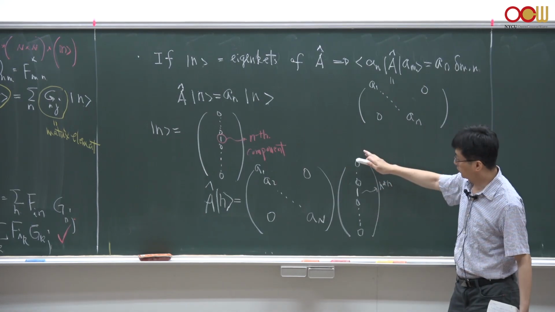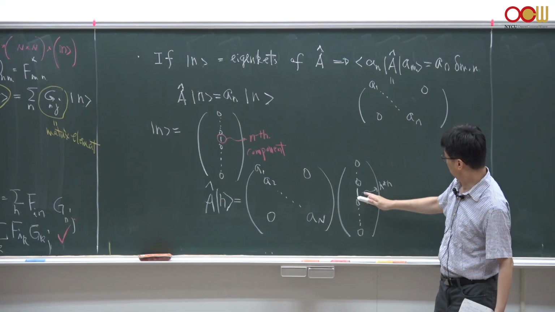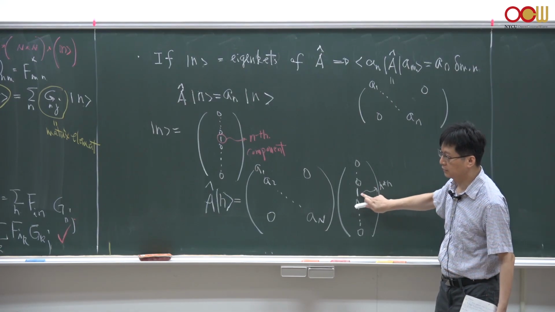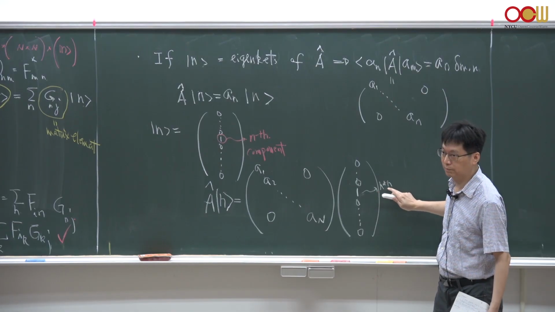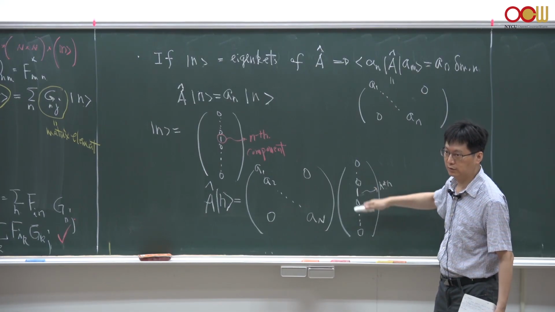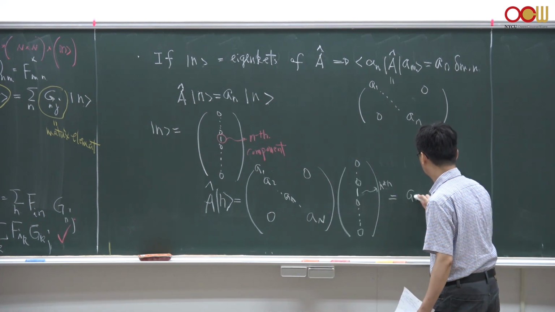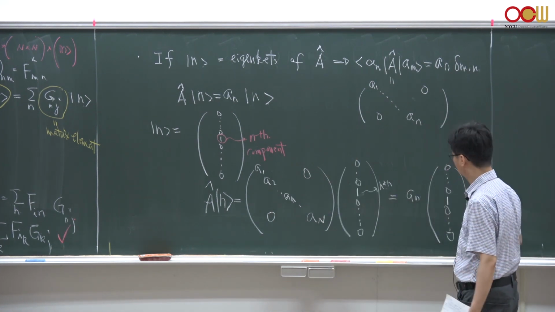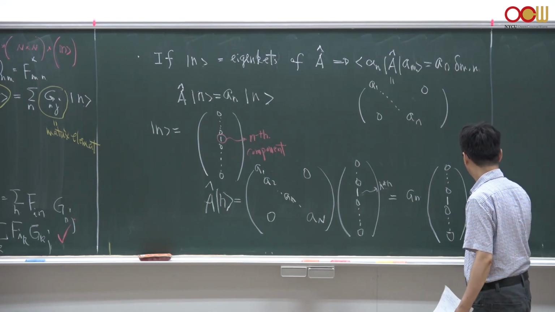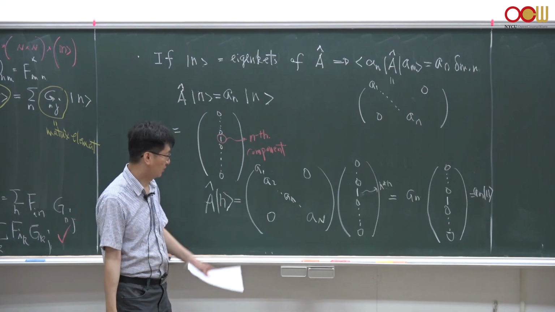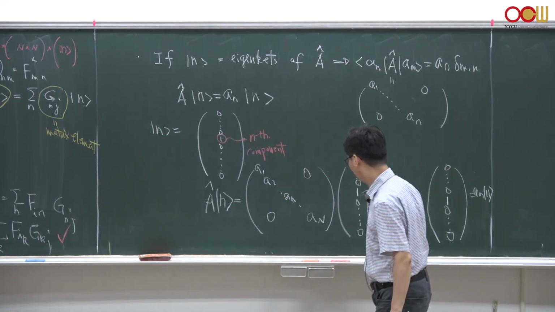Remember, this column matrix state n shows a non-zero matrix element only at the nth component. All the other components are 0. As a result, you get a_n times the same thing, which is a_n n. Sounds trivial. So it's a one-line proof.